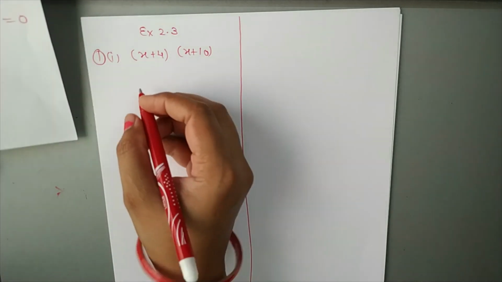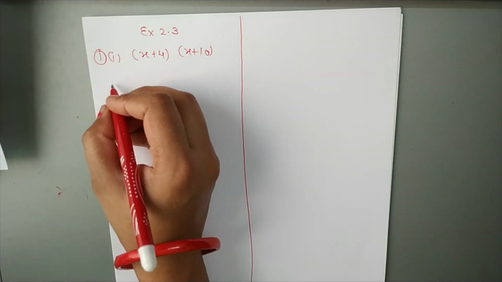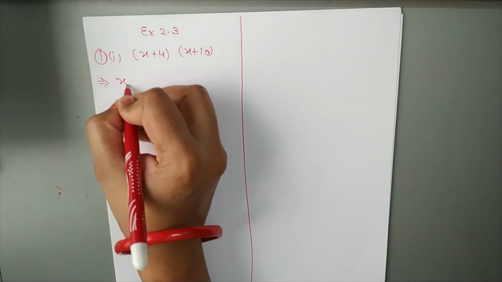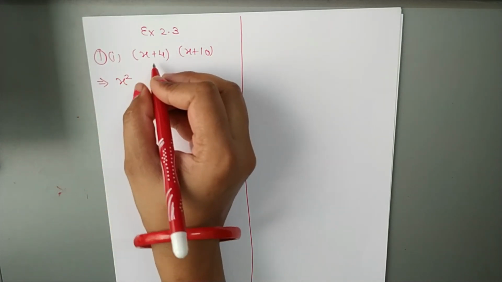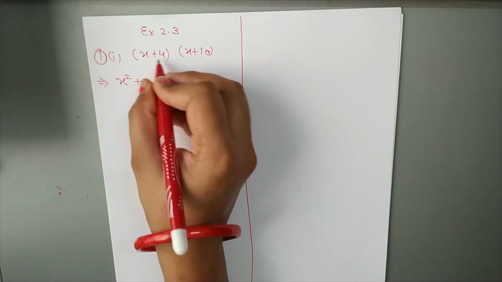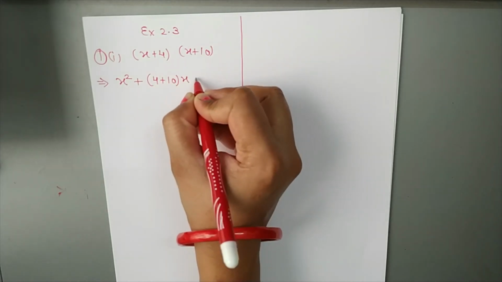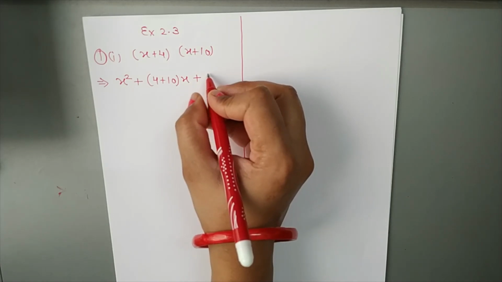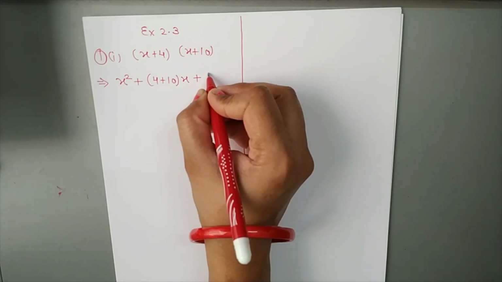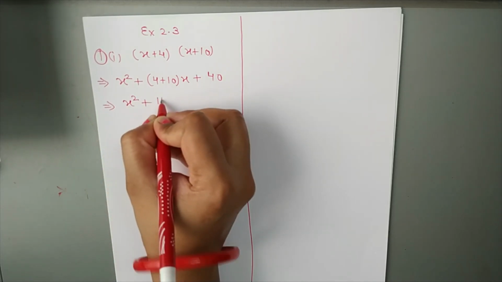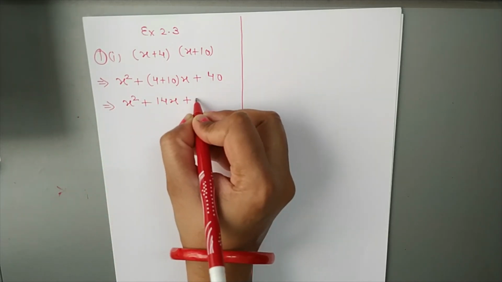I am only solving this question. So it will be x^2 + (4 + 10)x + 4 into 10, that is ab, which is 40. So it will be x^2 + 14x + 40.